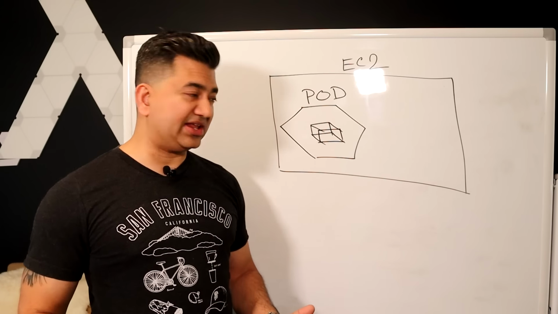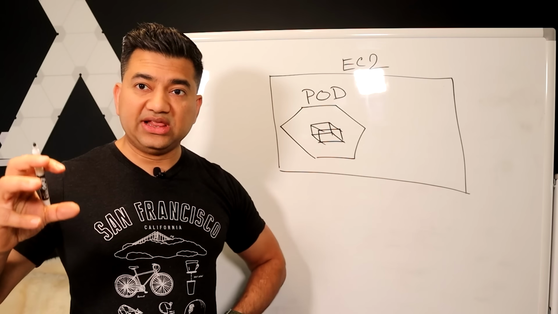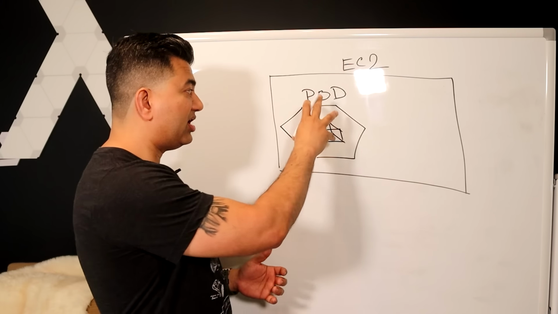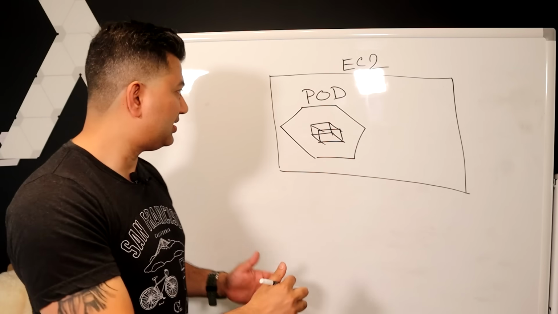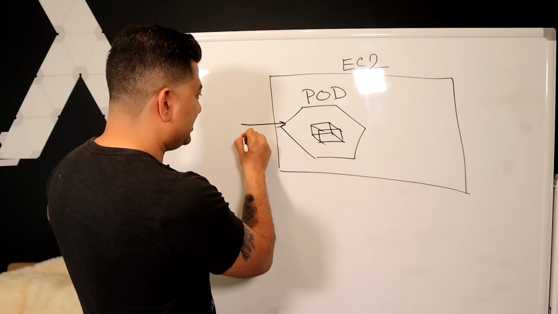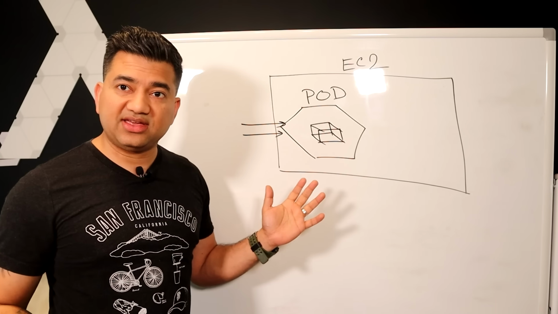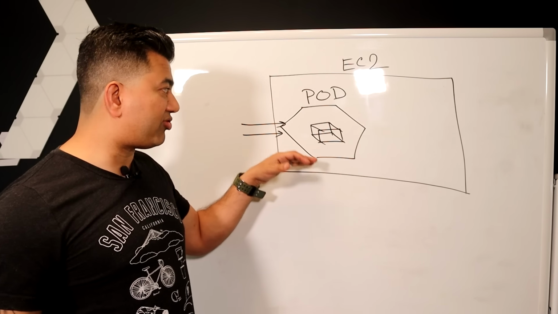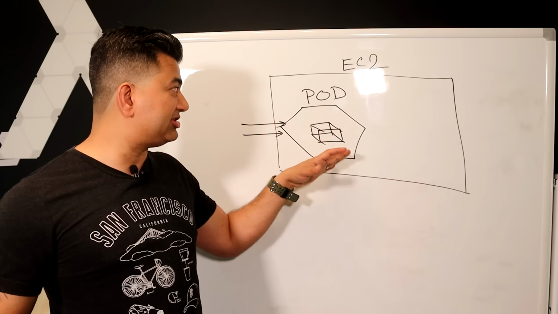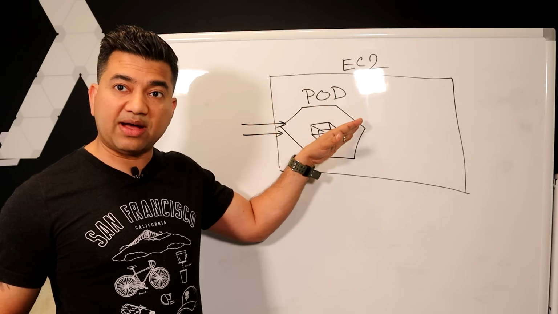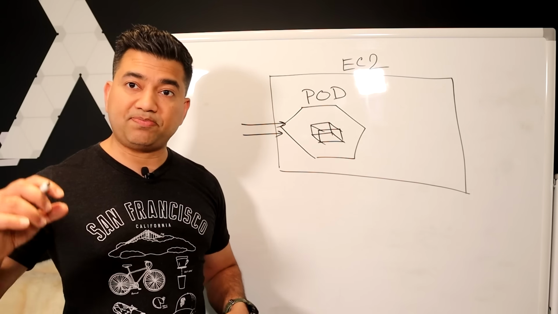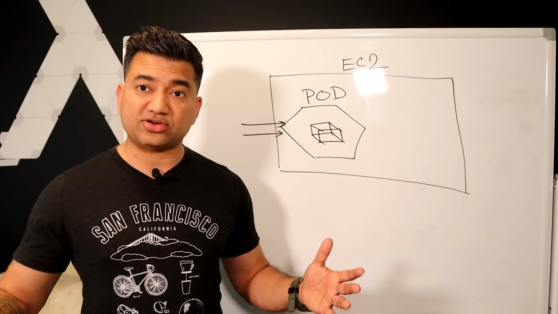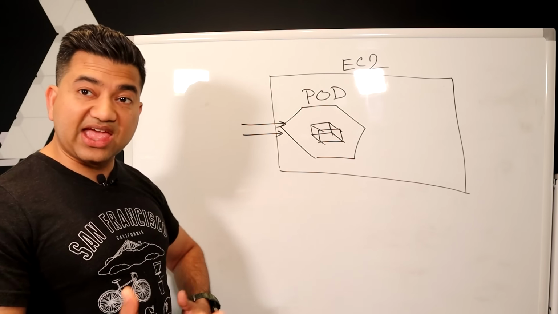So this pod will keep track of the CPU and resource utilization of this particular pod. As traffic comes in, this pod can handle multiple traffic connections. But with each traffic, the CPU and memory utilization of this pod will go up. And at a certain point, using HPA, or horizontal pod autoscaler, it will scale.